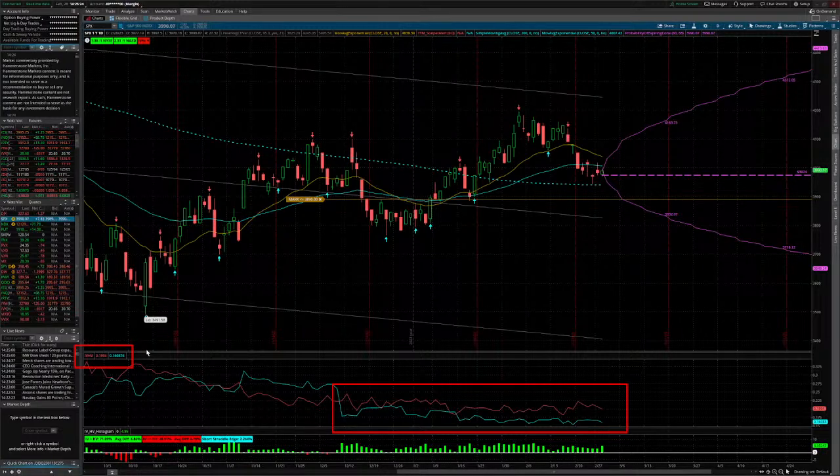And IV is the implied volatility that comes out of the options market model, whatever you use, Black-Scholes or whatever. The red line is showing implied volatility, and the blue line is showing historical volatility. And this is especially good for selling premium in this condition where implied volatility is greater than historical volatility.